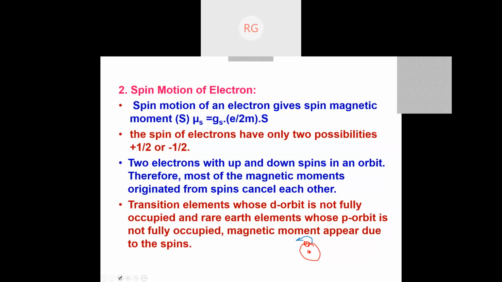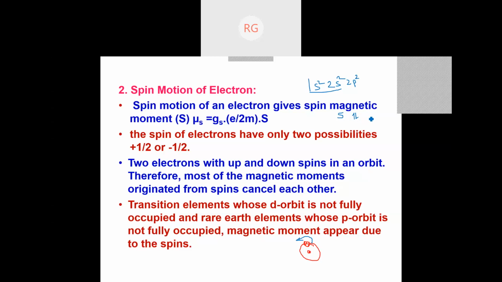But you know that when I take an electronic configuration, we have 1s2, suppose, the first orbit, and I'll take 2s2, and then I'll take 2p2. In this case, these two are completely filled. But we know that in any one of these orbitals S, I can put two electrons, one with up spin and one with down spin.